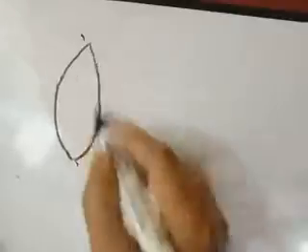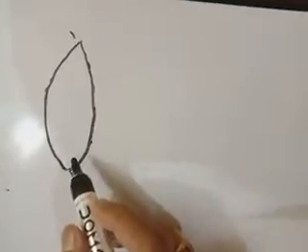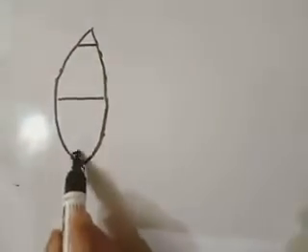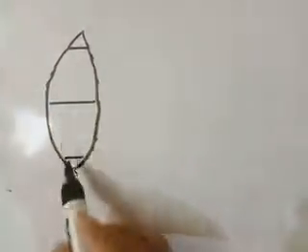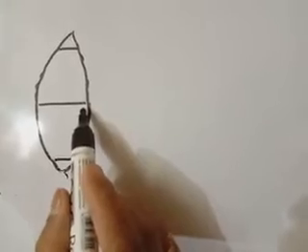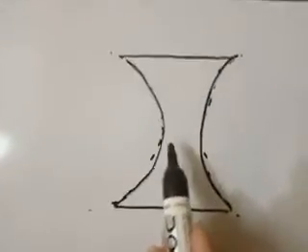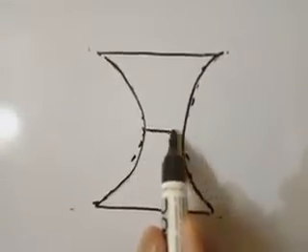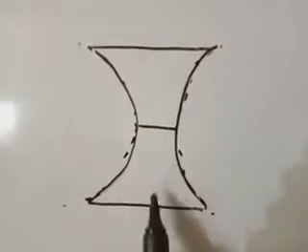This is a convex lens. A simple definition of the convex lens: a convex lens is a lens whose middle portion is thicker and end portion is thinner. You see the size of this portion is less than this portion. On the other hand, in a concave lens, the middle portion is thinner and the end portions are thicker.